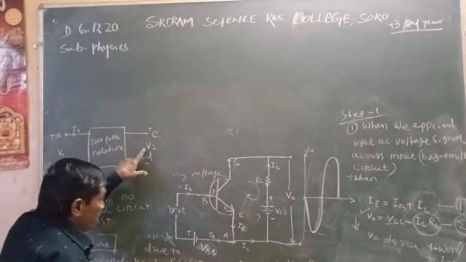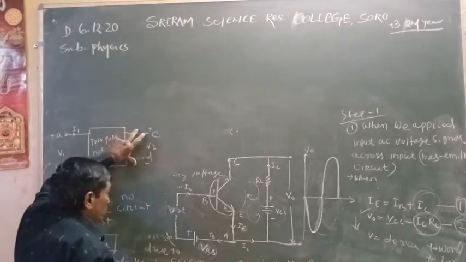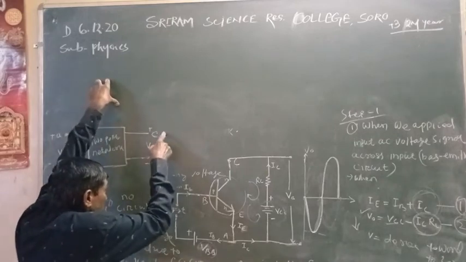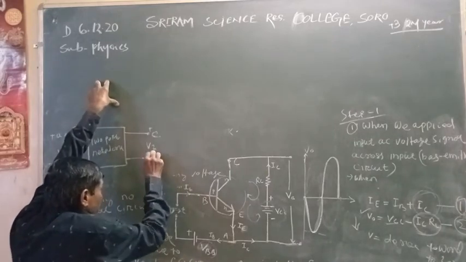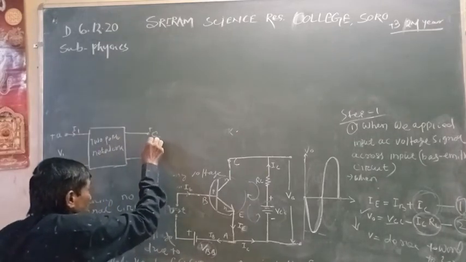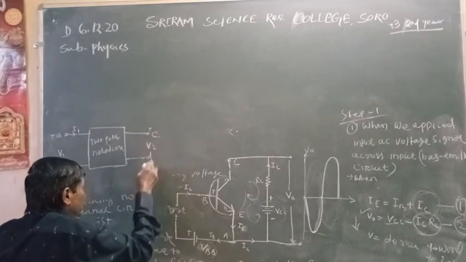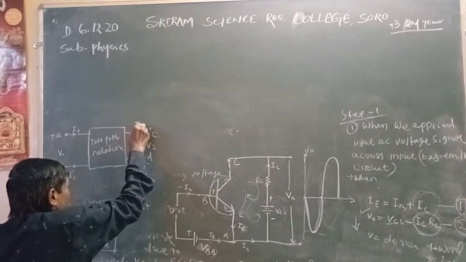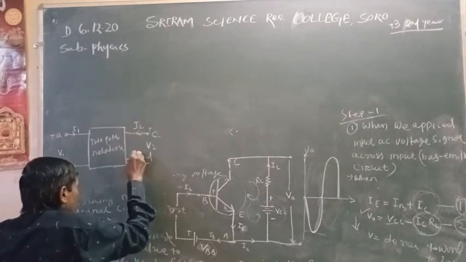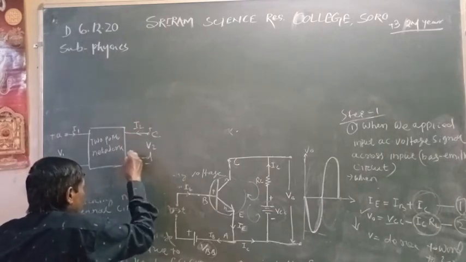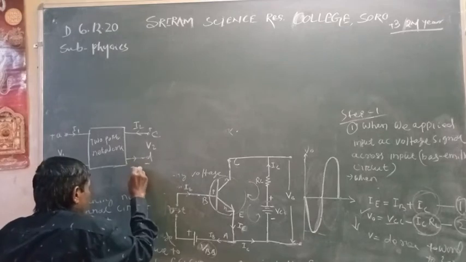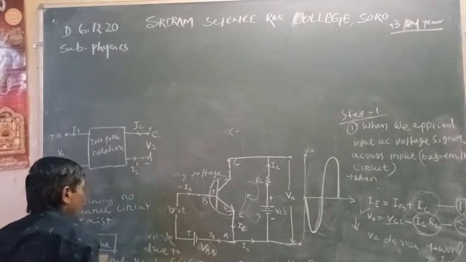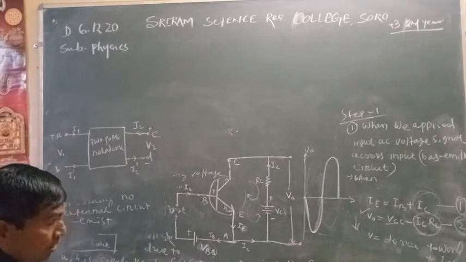Similarly at the secondary port, the points C and D, V2 is the voltage, then the entering current is I2 and the leaving current is I2 dash from the network circuit.